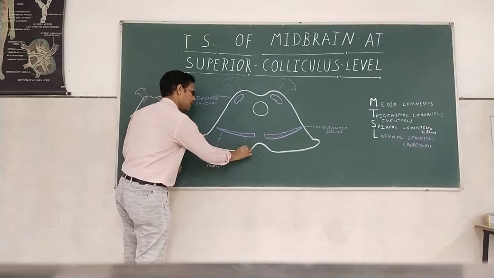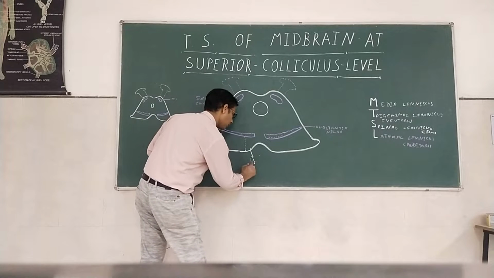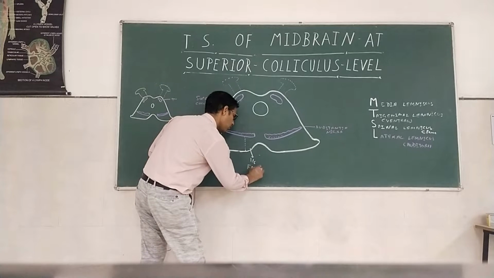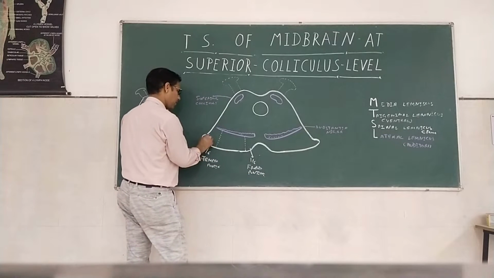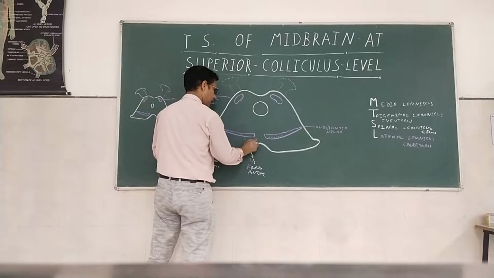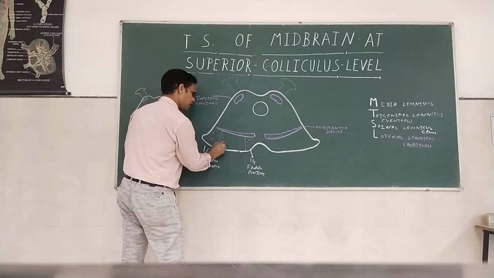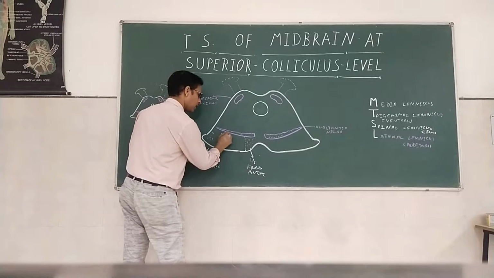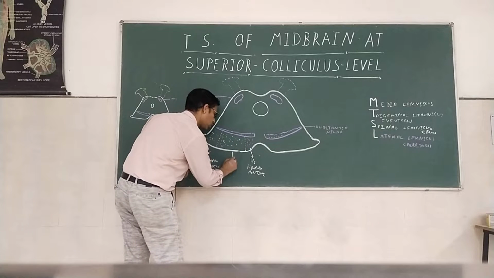The medial 1/6 is associated with the frontopontine fibers. I can indicate them by this red dotted area. But the major part is this one, that is, you can say, the remaining 4/6 or middle 2/3.